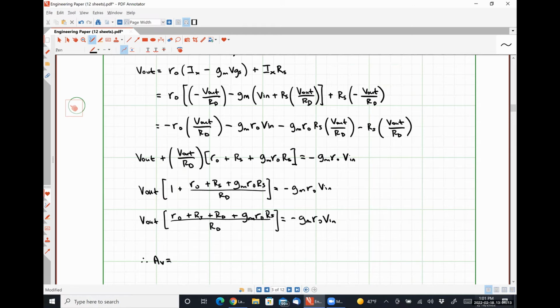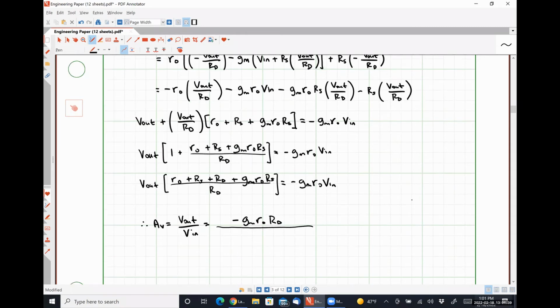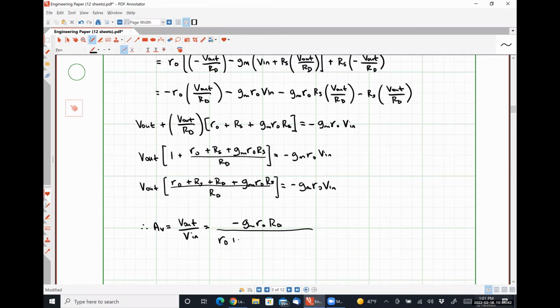Voltage gain AV is given as V out divided by Vn. So that's going to be my right-hand coefficient, negative GM R naught, multiplied by the reciprocal of this fraction, right? So it's going to put an RD in my numerator. And then I'm going to have R naught plus RS plus RD plus GM R naught RS down here.